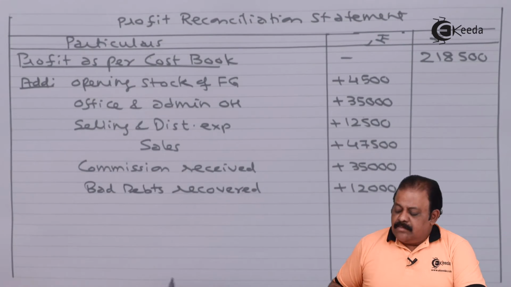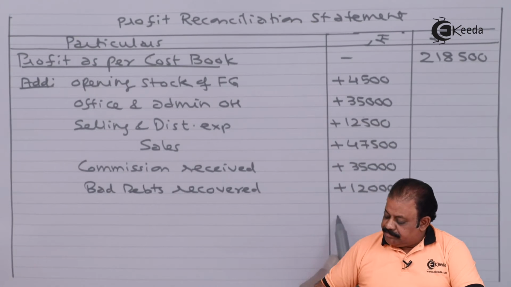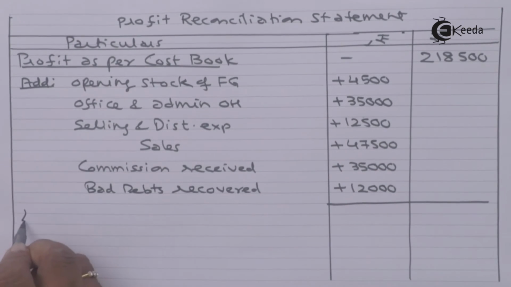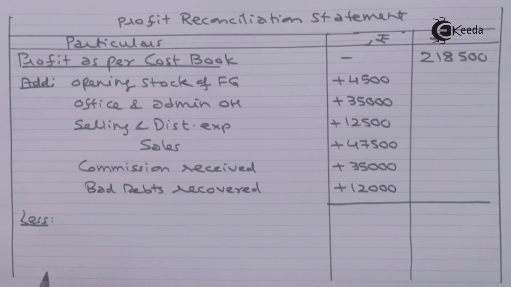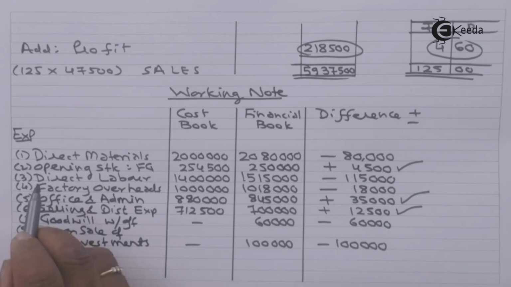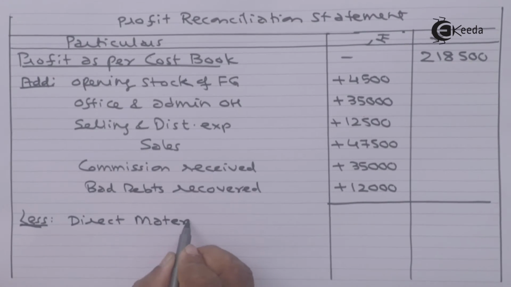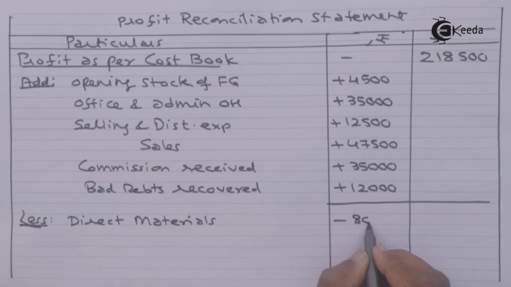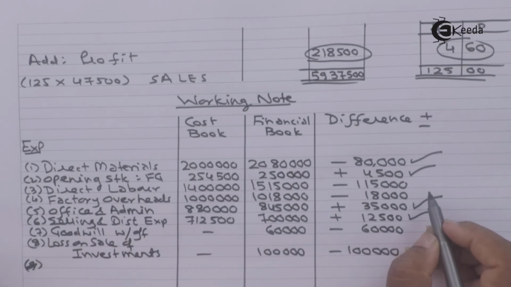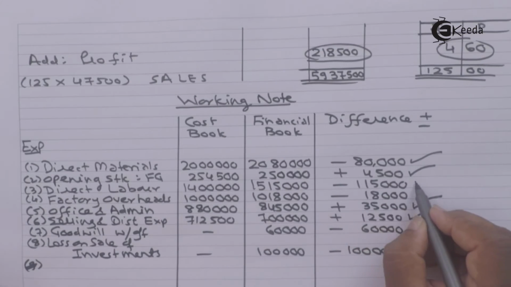We have added all the items which are having plus sign. Now let us consider items with negative sign, that is negative numbers. Direct materials minus 80,000. Direct labor minus 1,15,000.